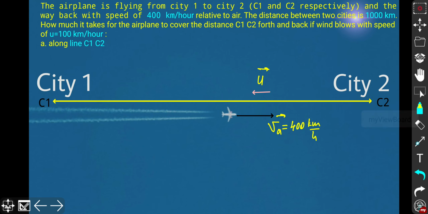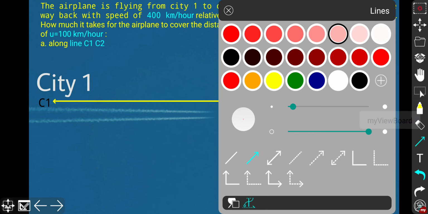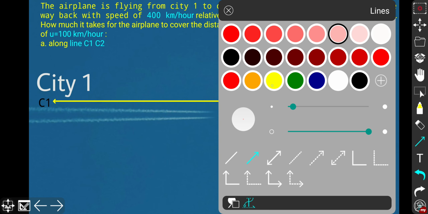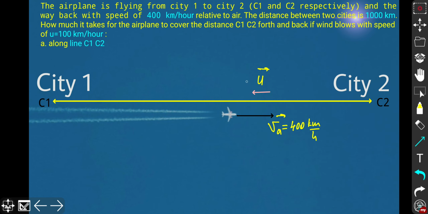What we need to do is calculate the resultant vector of the airplane. I will show you quickly how it can be done using vector addition. Let it be the green one. We connect VA with U, so here is going to be the resultant vector, which we mark as V airplane prime.